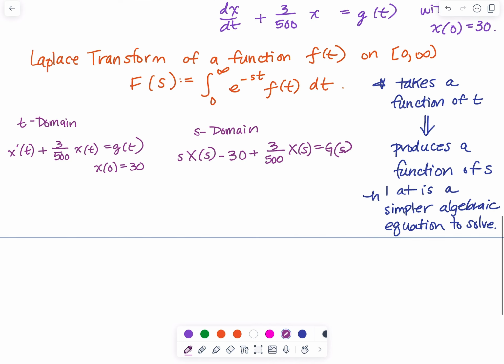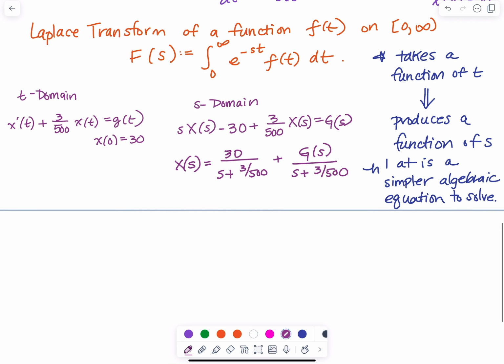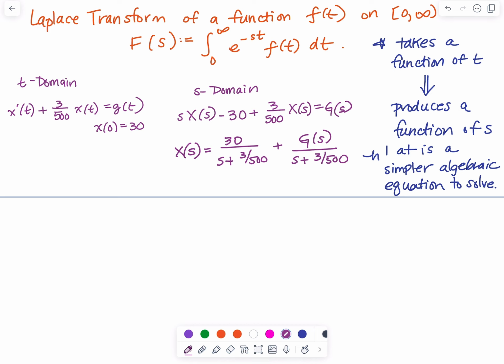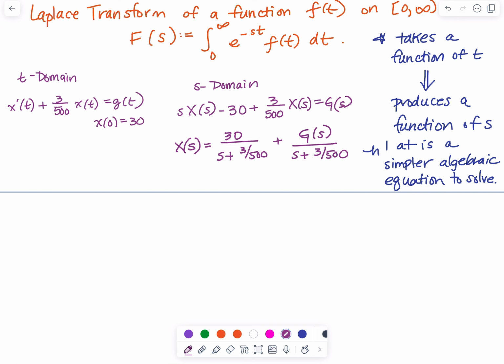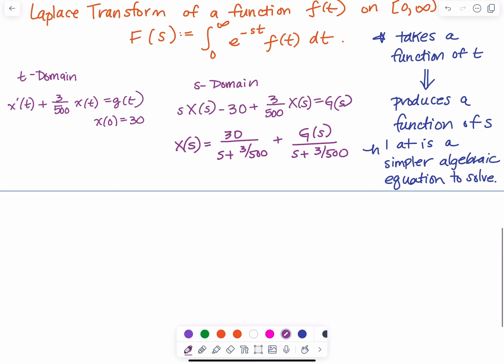So now the solution is x of S is equal to 30 divided by S plus 3 over 500 plus G of S over S plus 3 over 500. So how we convert from the t domain to the S domain, well, we can use tables, theorems, and many other things that depend on the type of equation that we have.